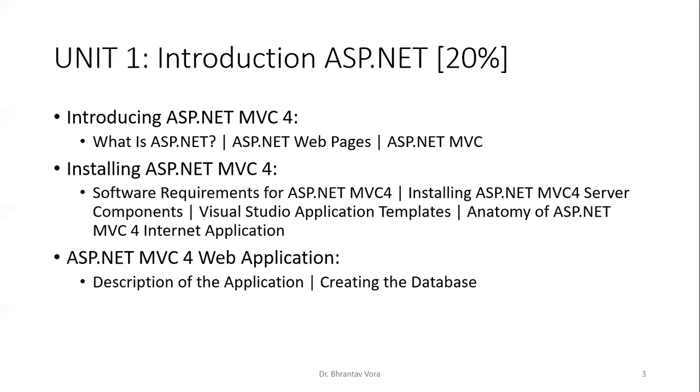As we are working with Visual Studio 2015 or 19, in all these newer versions of Visual Studio, MVC is already available, so there is no need to install separately. This particular point is not worthy to discuss. Then the ASP.NET MVC4 web application. We'll discuss all these points in unit number 1 in great detail.